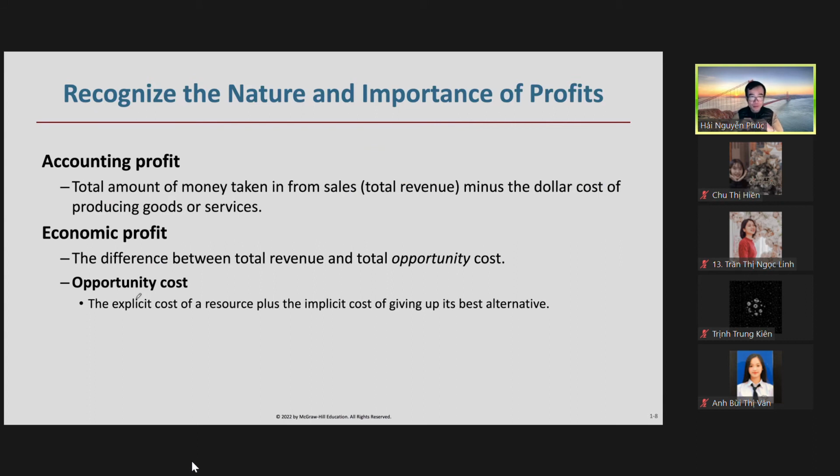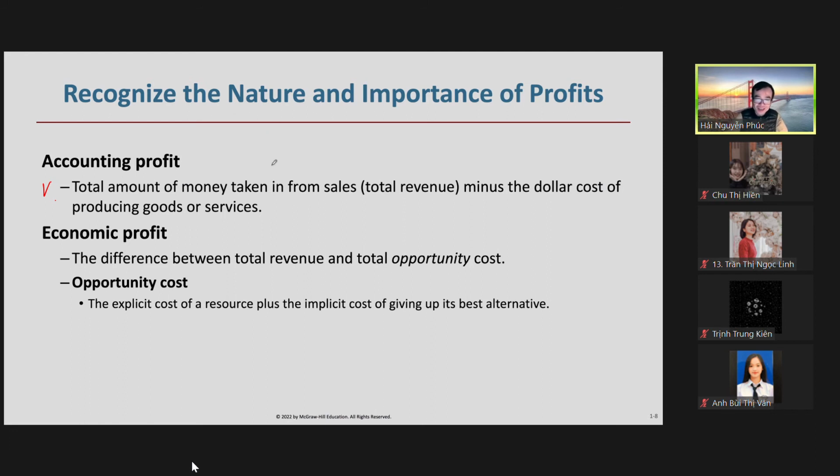The next point is the difference between accounting profit and economic profit. First, let's take a look at the definition. We define the accounting profit as the total amount of money taken from sales minus the dollar cost of producing goods or services.